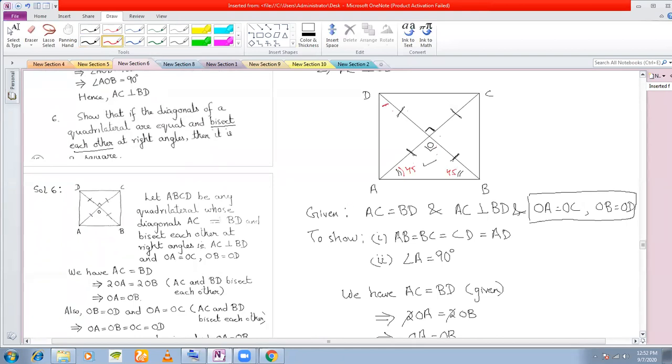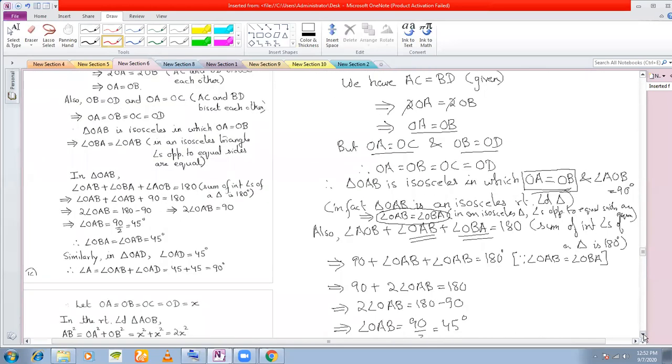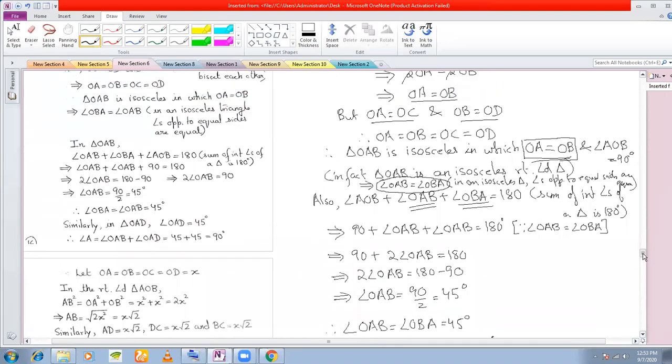Similarly, I can say these two are also 45 degree. So I'll say angle OAD is equal to angle ODA is equal to 45 degrees. So therefore, what is angle A?